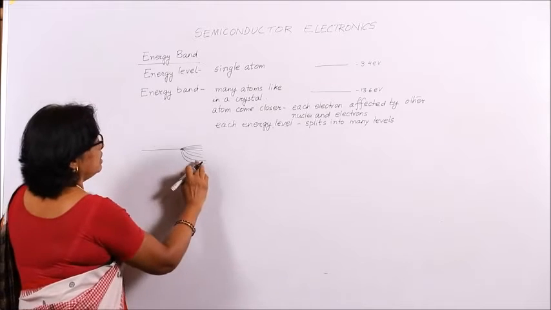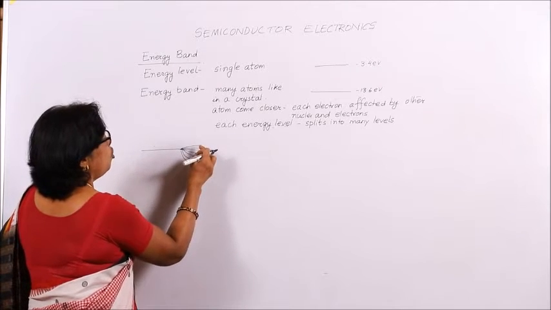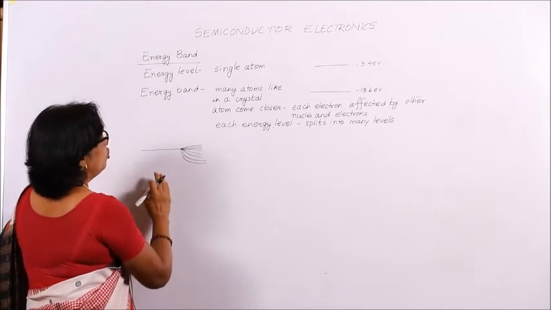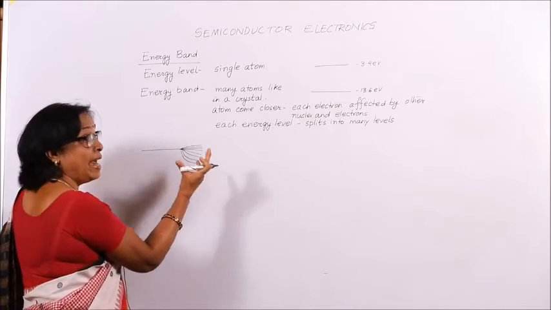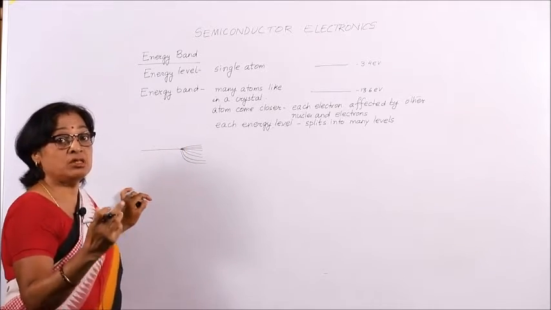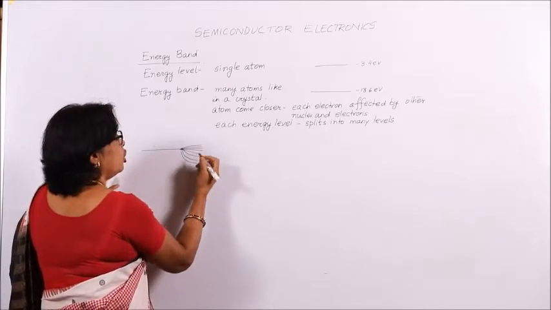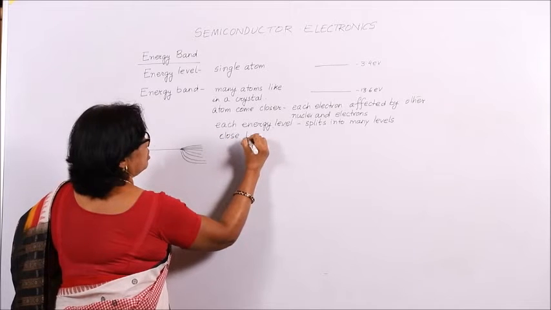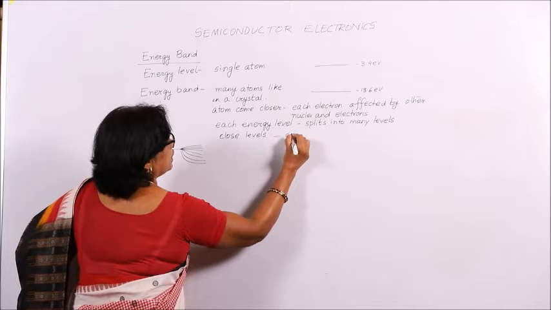One electron can have this value, or a slightly lesser value, or less than that, like this. So each energy level splits into many levels, and these levels are very close to each other, so they appear to be continuous.